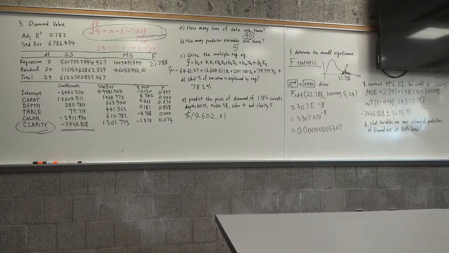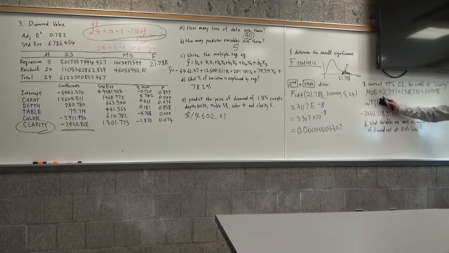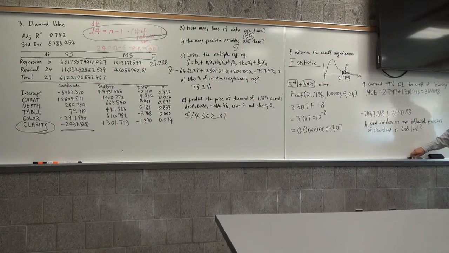And here's another thing I want you to do. Since it's a bit hard to see what this is referring to, I really want you to write it as an inequality. So let's try to write this as an inequality. So let's do negative 2434.868 minus 3640.98.